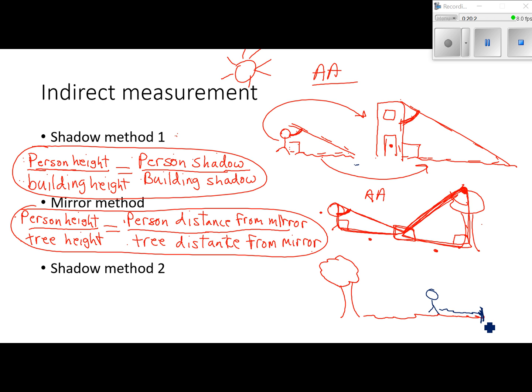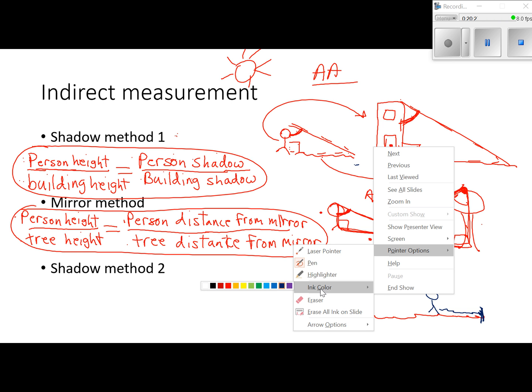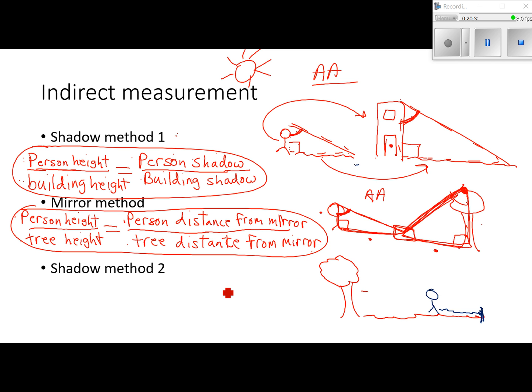Again, we have two triangles. We have the tree's triangle, and then we have the person's triangle.